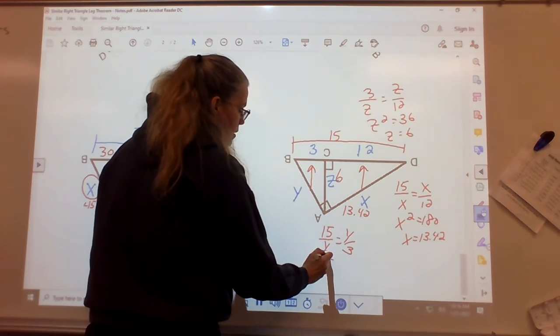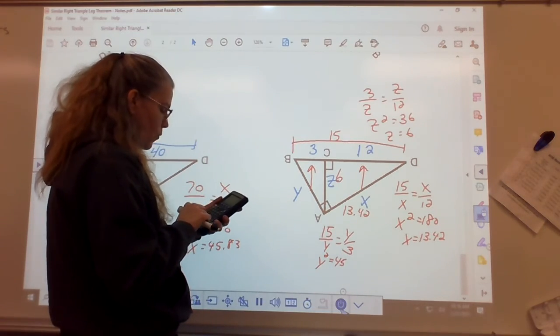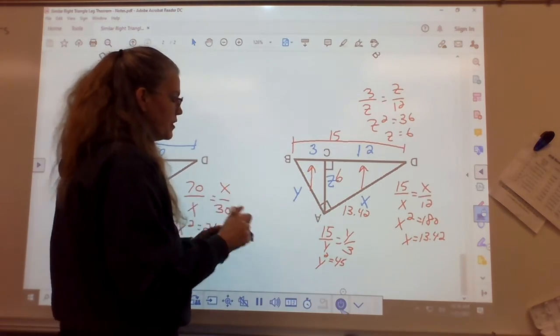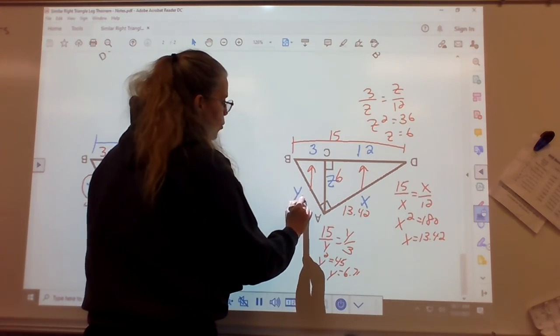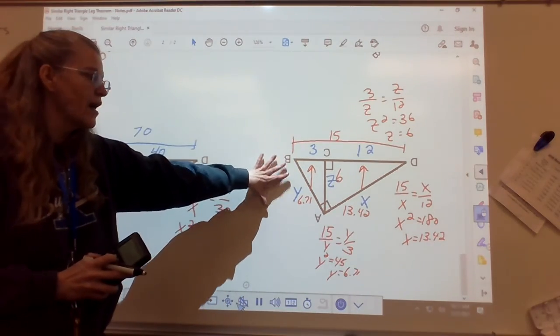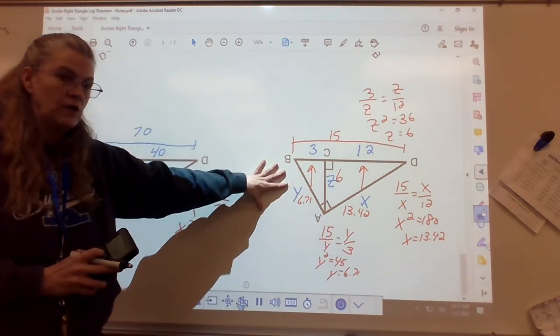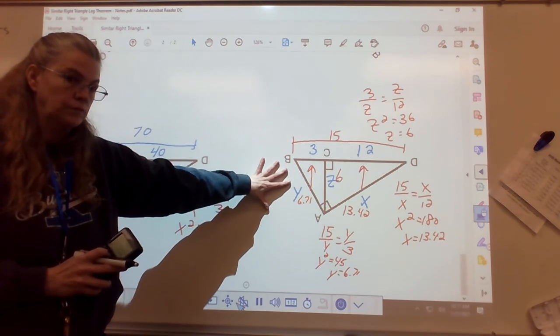Y squared equals 45. Take the square root of 45, I get 6.71. So 6.71 here. So like I said, this one and the last one on your homework, you've got to find all three. So this is kind of the wrap-up problem. This shows you everything you could have found.